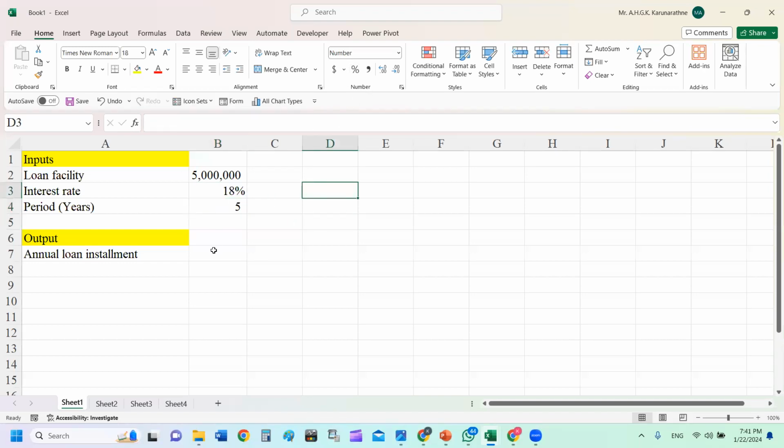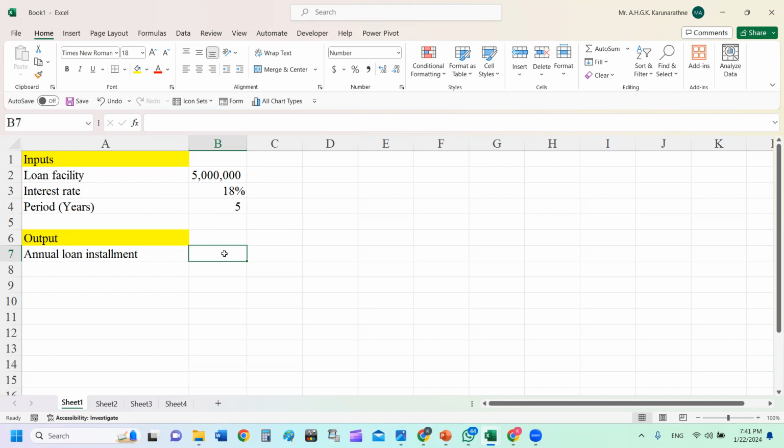So these are the inputs. So we'll see the annual loan installment. That means we borrow 5 million at a rate of 8% for 5 years, and we are going to repay the loan in 5 annual installments. Only 5 installments, paid annually at the end of each period. So that's the scenario. We want to determine the annual loan installment.